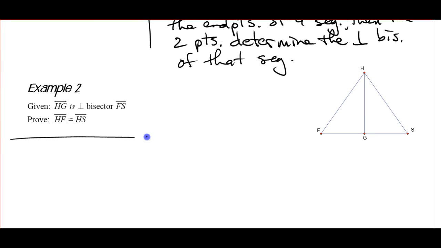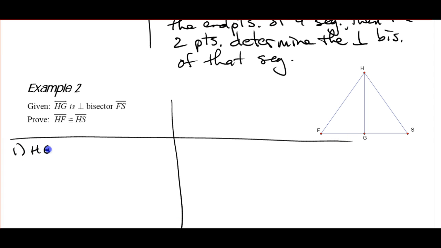So now we know that line HG is the perpendicular bisector of segment FS. So this is the perpendicular bisector of FS. So is point H on that perpendicular bisector? Yes, it's on that.